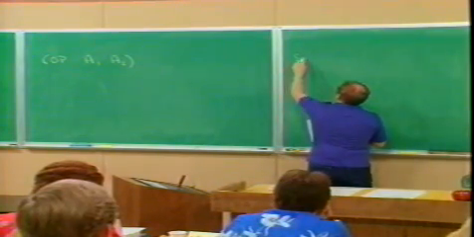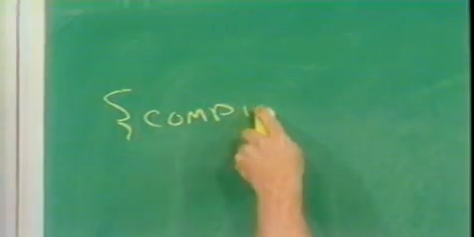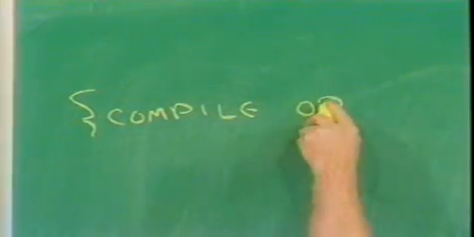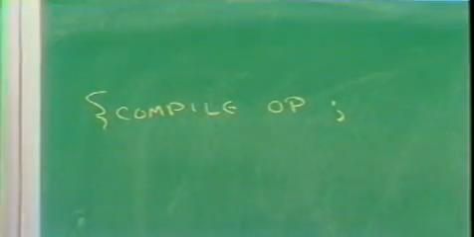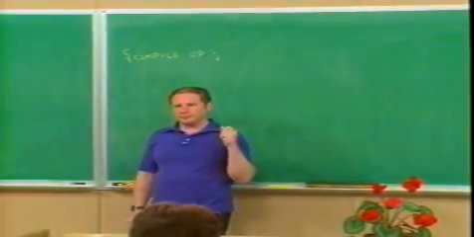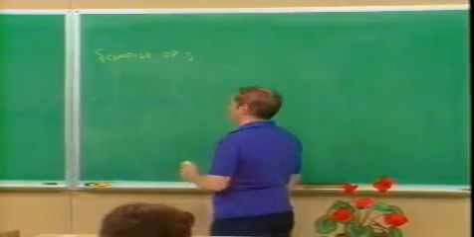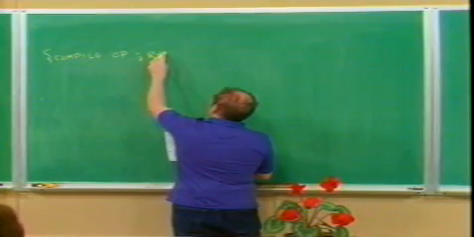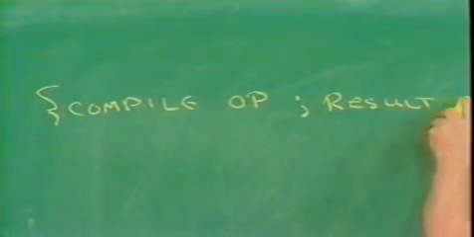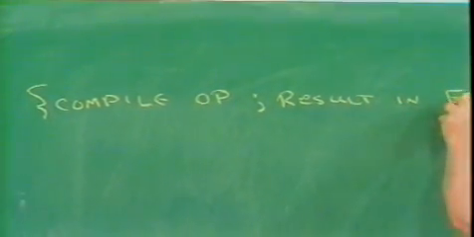So it says, I'll compile the operator, and where I'm going to need that is to be in the function register eventually. So I'll compile some instructions that will compute the operator and end up with the result in the function register.